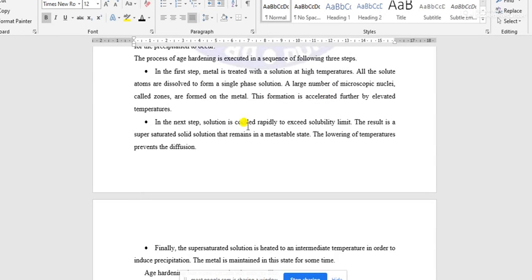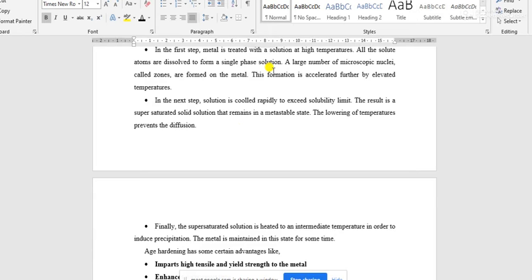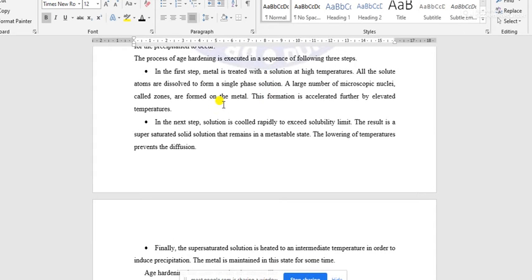And in this kind of solution, the number of solute atoms is greater than the limit of solubility, and that's why this kind of solution is called supersaturated solution.